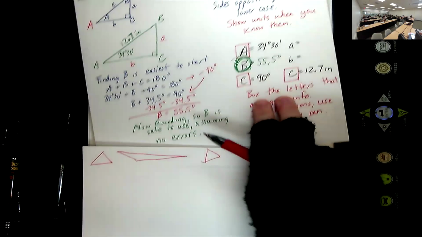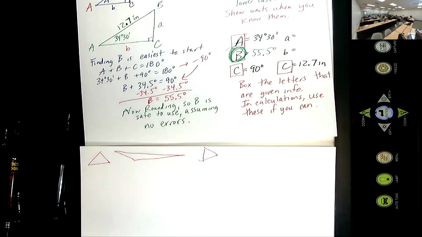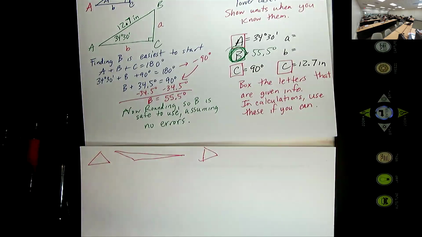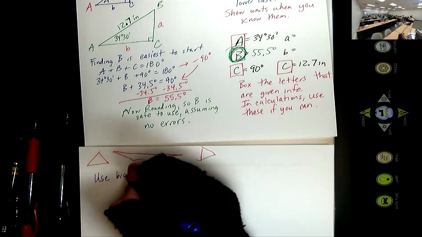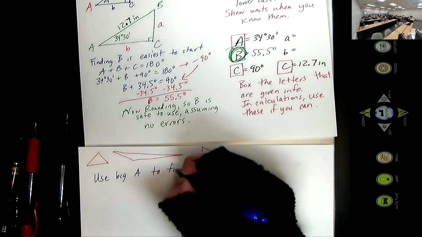All right, so we want to find little a and little b. One of the angles that we were given in the beginning is big A, so I'm going to try to use big A to find the other sides.